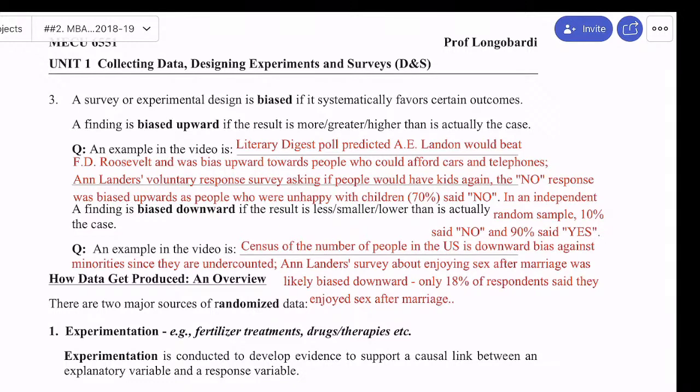So that result showed that 10% said no, not actually 70% that she got on the voluntary response. And that's explained by the fact that people who voluntarily respond to things are often people who are passionate or upset or emotional about the subject. So the way she asked it, she attracted people who are disgruntled about having kids and they didn't want to have kids again.